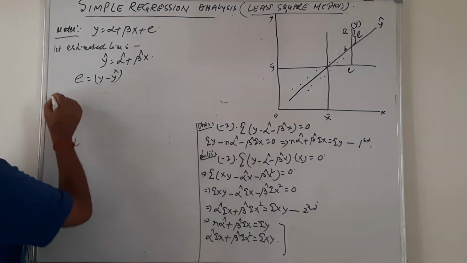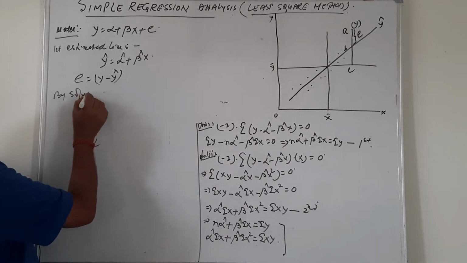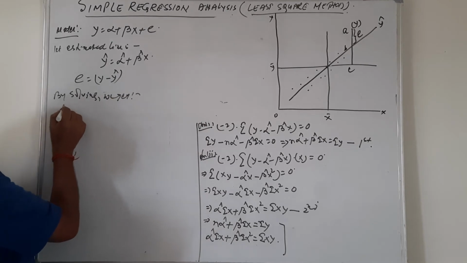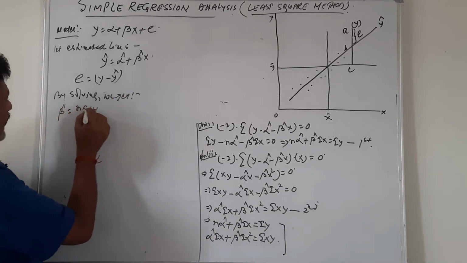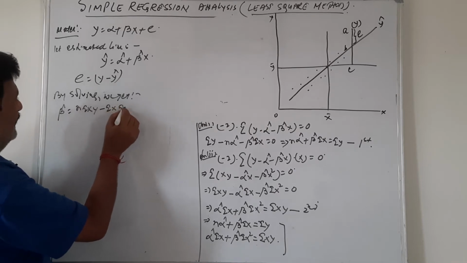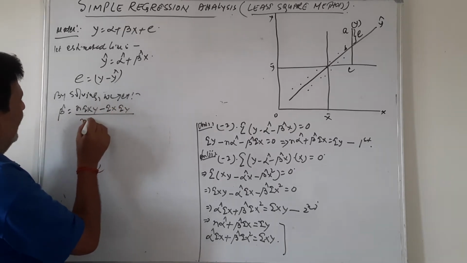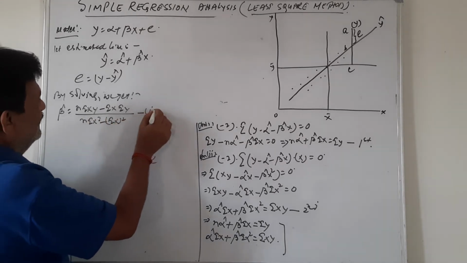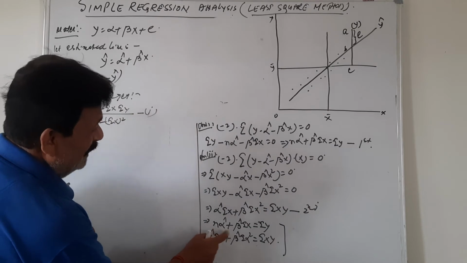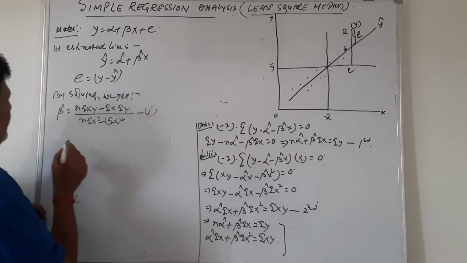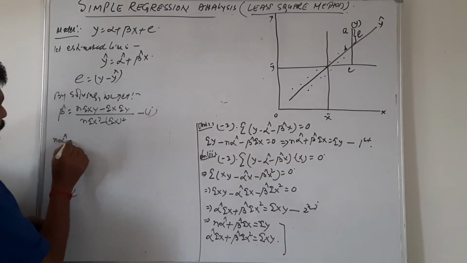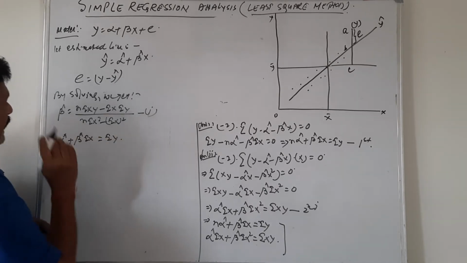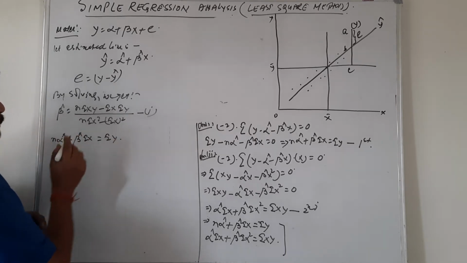So by solving, we get beta cap is n summation xy minus summation x summation y, divided by n summation x square minus (summation x) whole square. This is beta. And from the first normal equation, n alpha cap plus beta cap summation x is summation y, now just divide the whole equation by n.